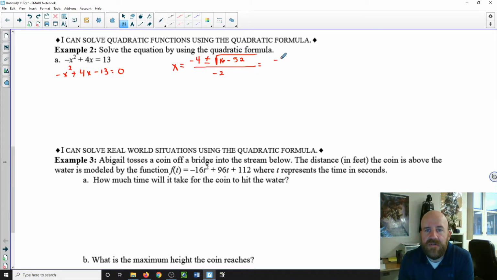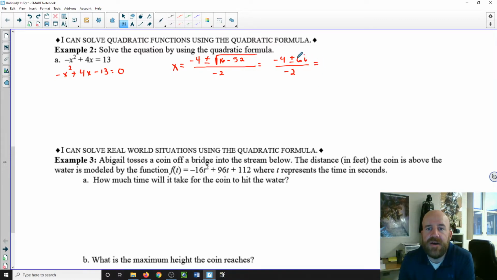Go ahead and simplify the square root first. So 16 minus 52 would give us negative 36. So the square root of negative 36 we know is 6i over negative 2.